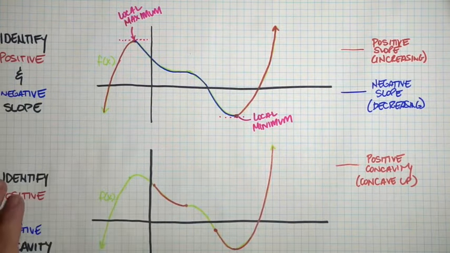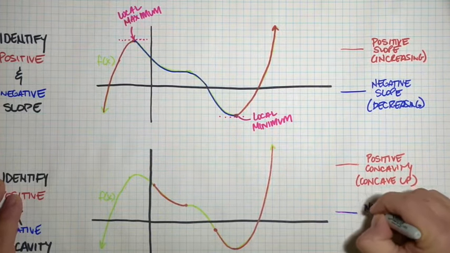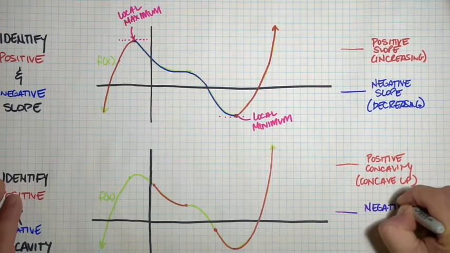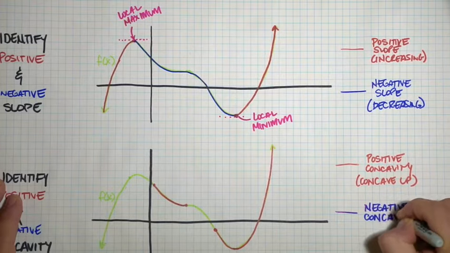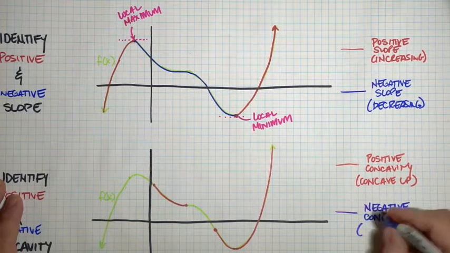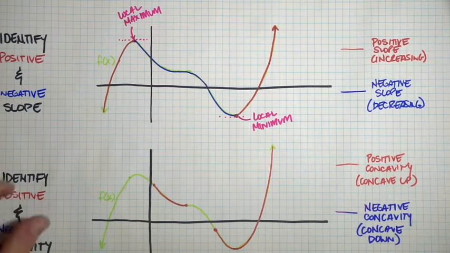Okay? If we look at the other parts, specifically where there is a negative concavity, we can also call this concave down. So it looks like a downward facing parabola.